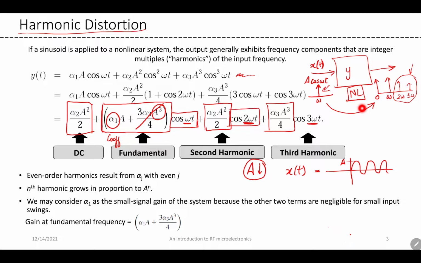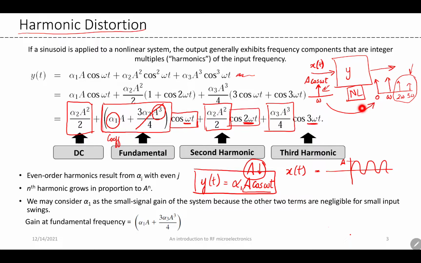Similarly, a squared and a cube and so on will be very small terms, and what we'll be left with is y of t equal to alpha 1 times a cos omega t. So this is what we'll get if a is very small.